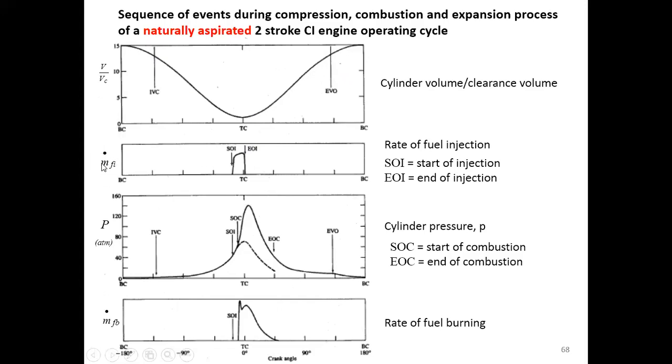The fuel starts to be injected just a little before the piston moves up to the top dead center, and keeps being injected as long as the piston is still moving up, until just a little after the piston reaches the top dead center and starts going down.